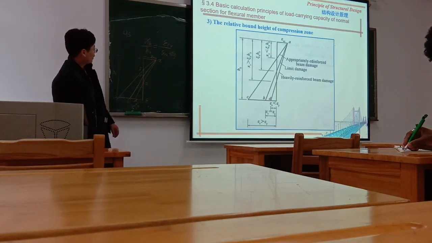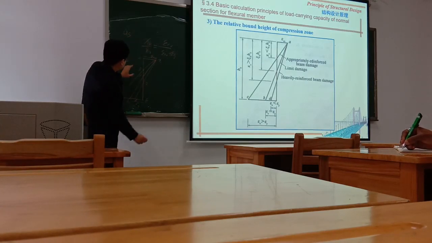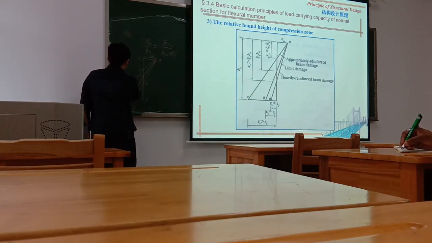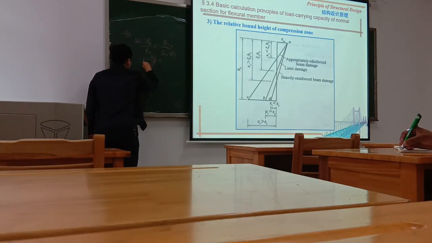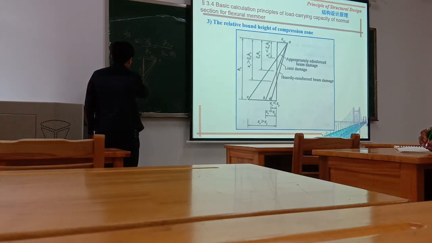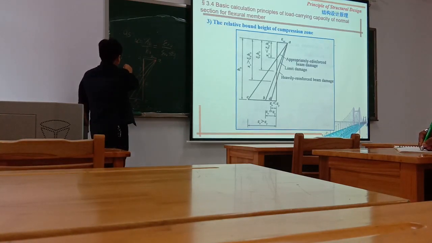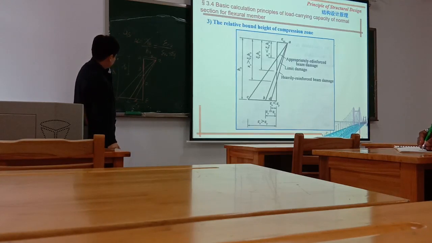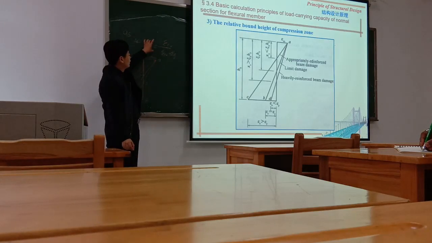So how to get this relation? XB is from AC, XB equals AC. AC, this part is the boundary condition, okay? This part is XB. Then this relation, how can I get this relation?